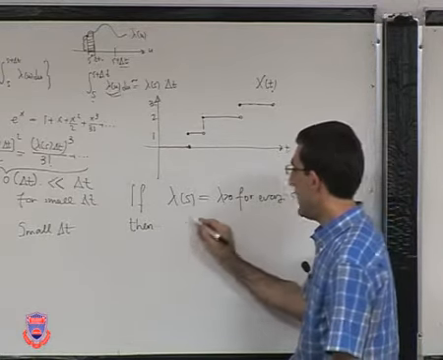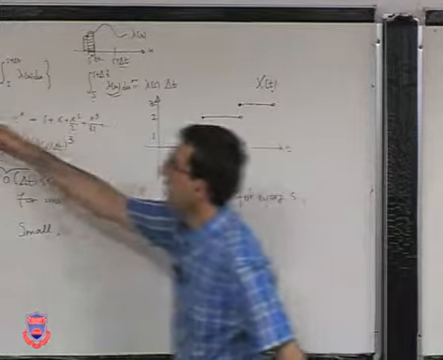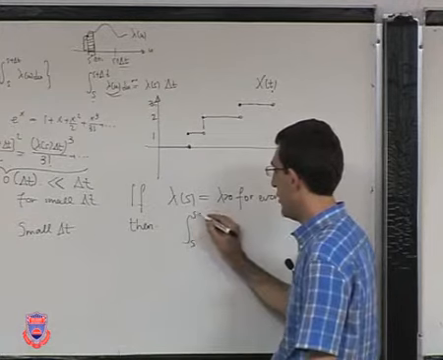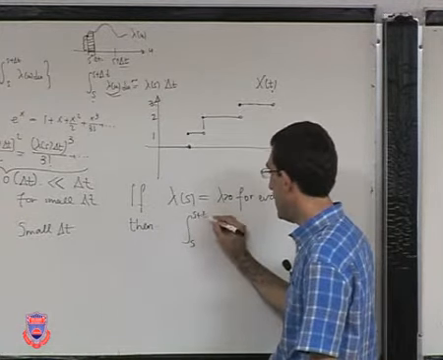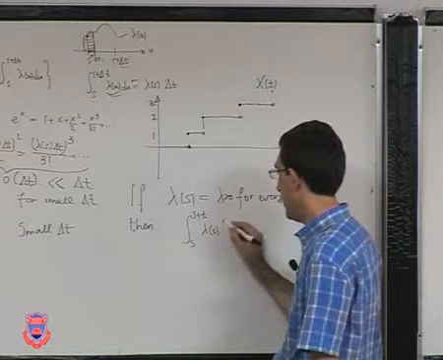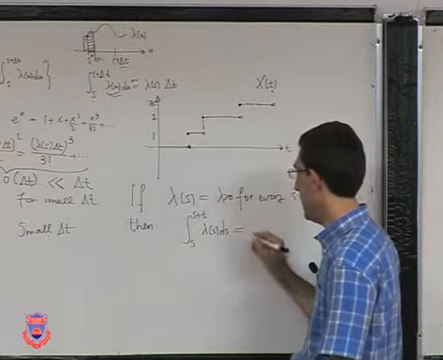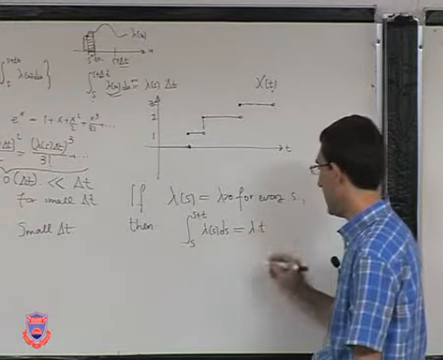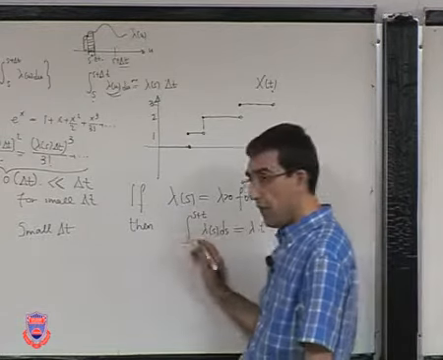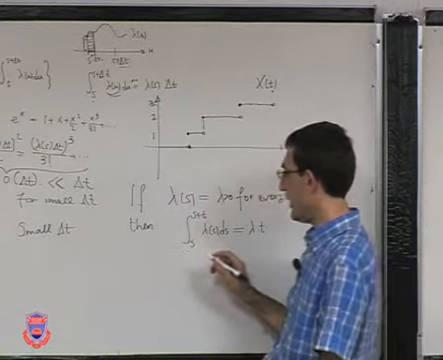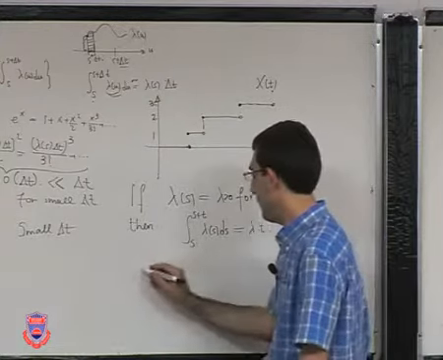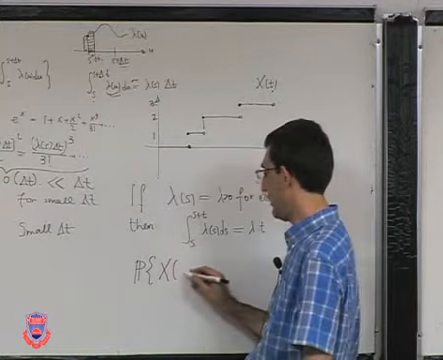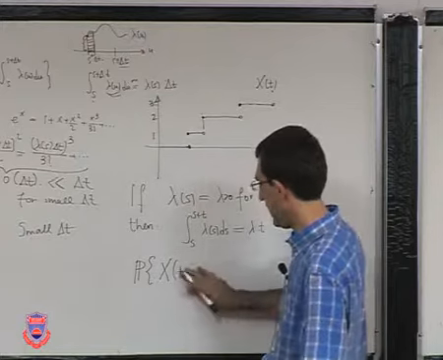If this is the case, look at this important quantity, which determines all the probability distributions, namely the integral from s to s plus t of lambda(s) ds. Here it is lambda, so the integral is nothing but lambda times t. This value is the mean of the Poisson distribution assigned to the change in the process from time s to s plus t.